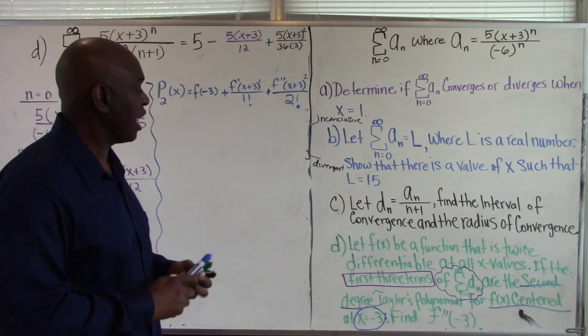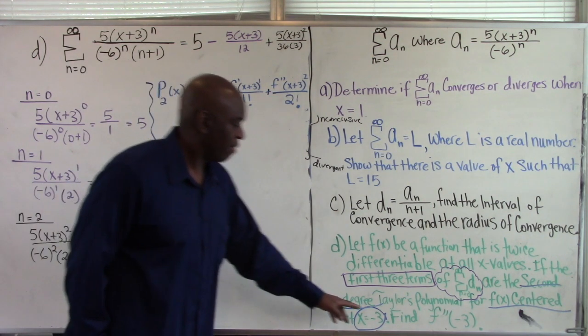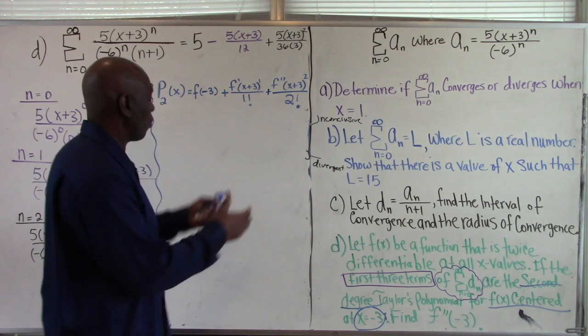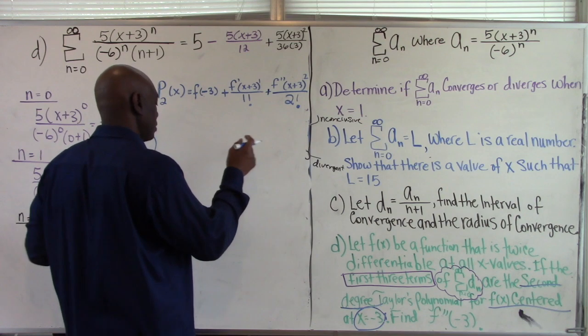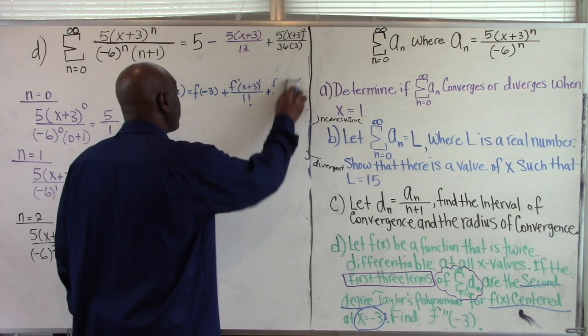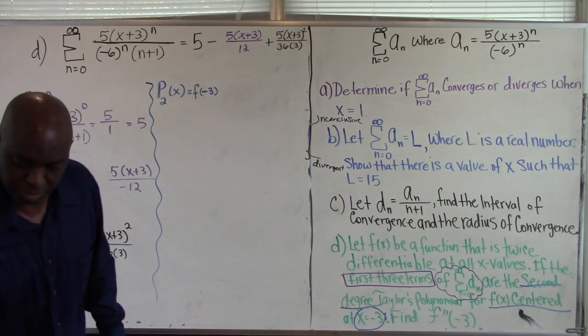Okay? And so now what we have to do, if we want to find f double prime of negative 3. Oh, we left that out. That's important. Don't forget that. I forgot to include the center. You must include the center.